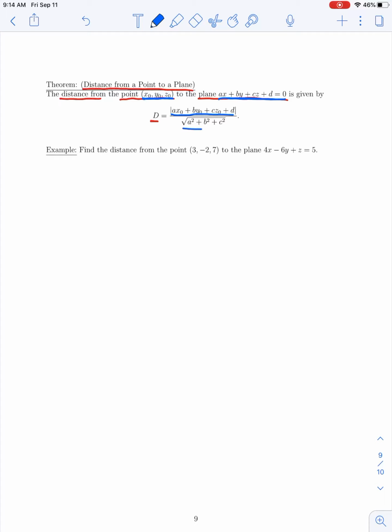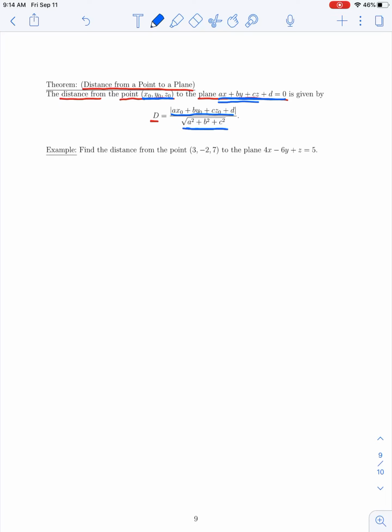And then we divide by the square root of the sum of a, b, and c squared, where a, b, and c would be the components of the normal vector to that plane. The proof of this formula works fairly similar to the proof for the formula for the distance between a point and a line in space.